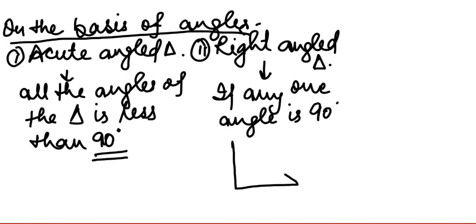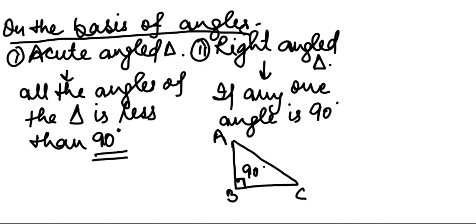Let us consider this one, ABC, where we have considered angle B equal to 90 degrees. Now let us consider angle B is 90 degrees, then we can say that triangle ABC is a right angled triangle.